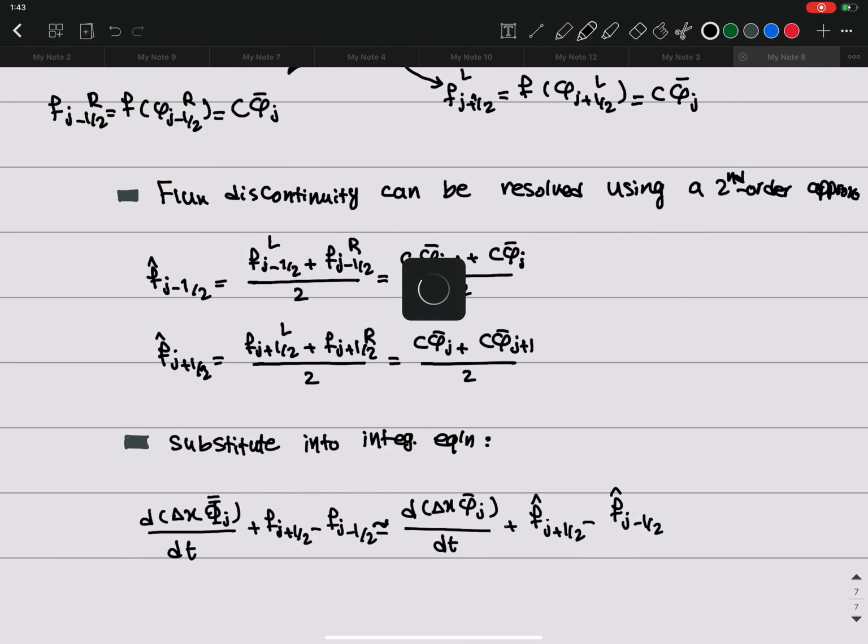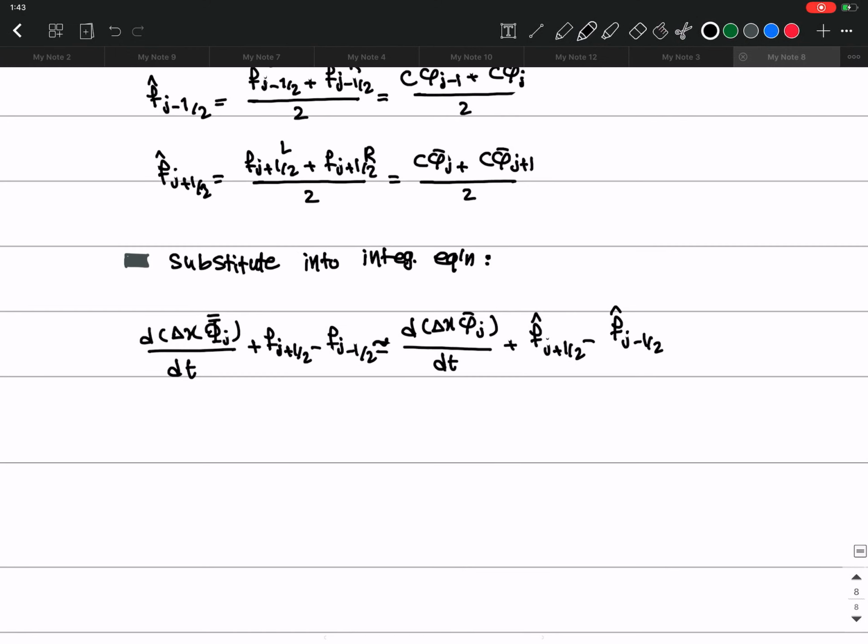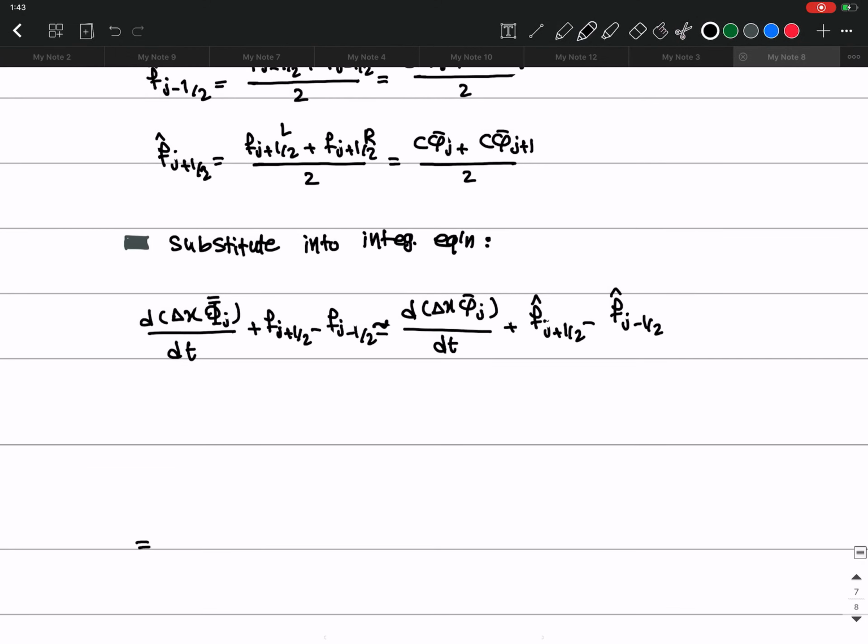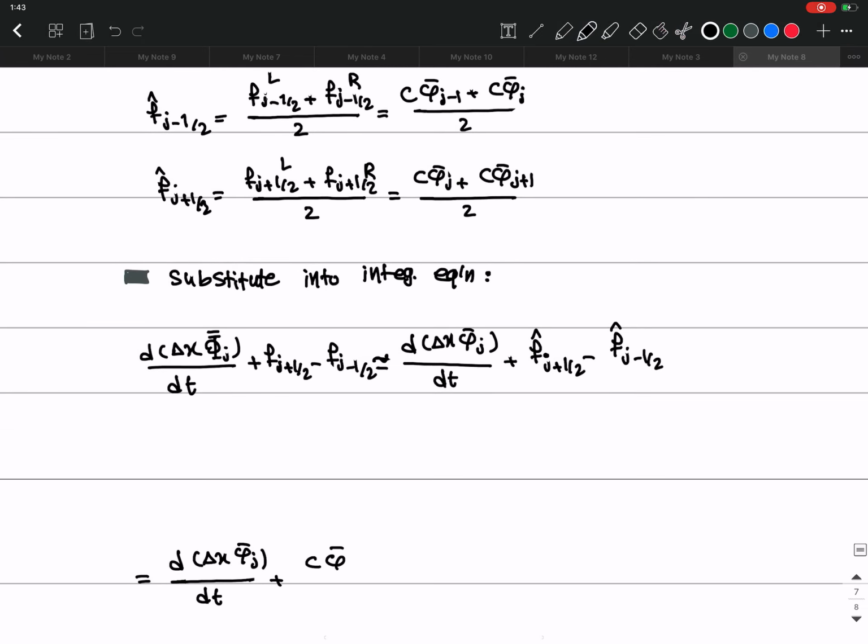Which is going to be equal to delta x d phi bar j over dt plus c phi bar j plus c phi bar j plus 1 over 2 minus c phi bar j minus 1 plus c phi bar j over 2 equals 0.